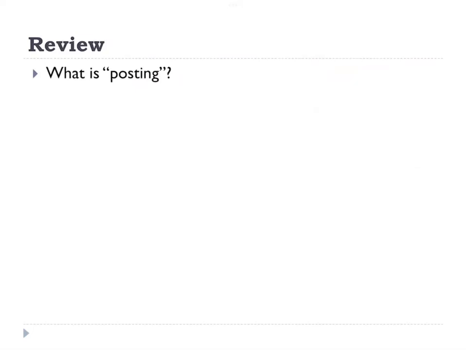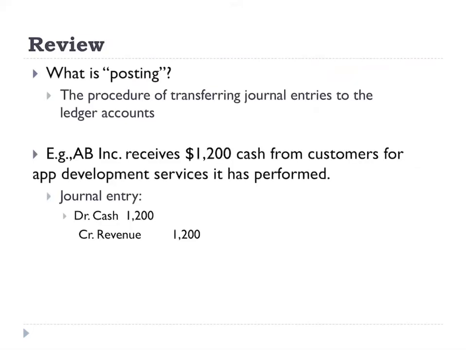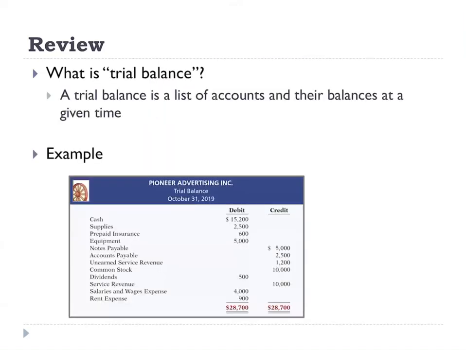Posting means we post to the respective accounts. And this is an example of a trial balance. We have a list of different accounts, as well as the balance for each account. The balance can be at either the debit side or the credit side.